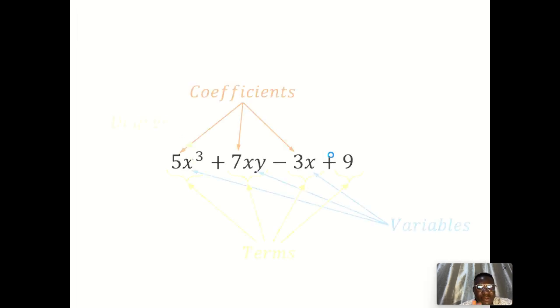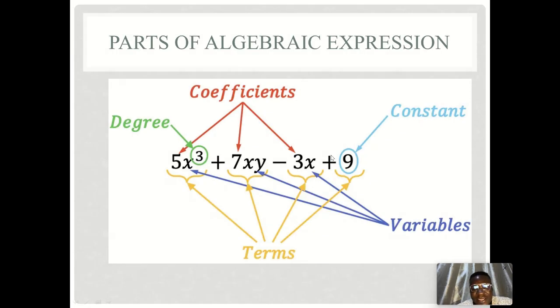Parts of an algebraic expression. Like we mentioned earlier, look at this diagram. We have 5x cubed, or raised to the power 3, plus 7xy minus 3x plus 9. Now let's look at these, starting with the terms. Earlier we said the terms are separated by either plus or minus signs in the expression.